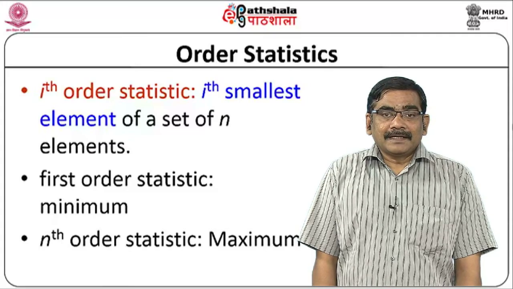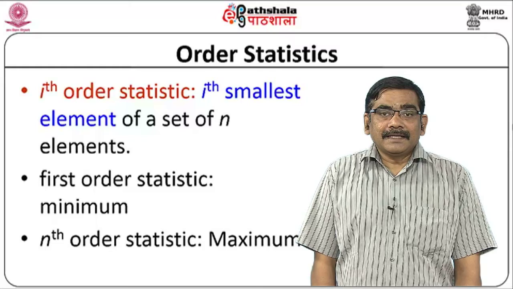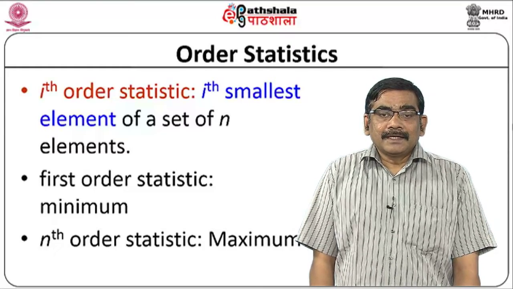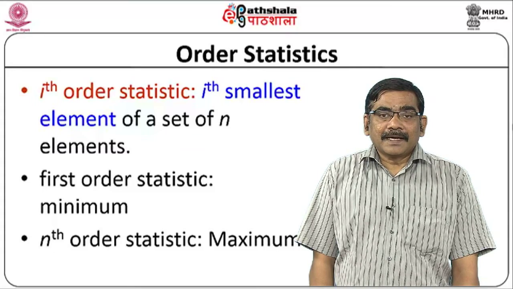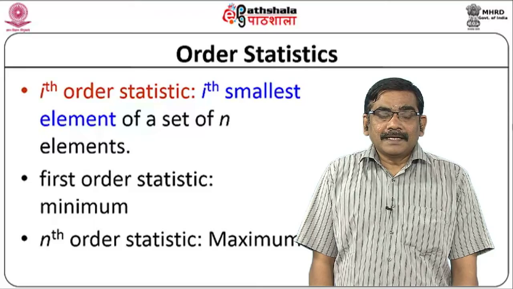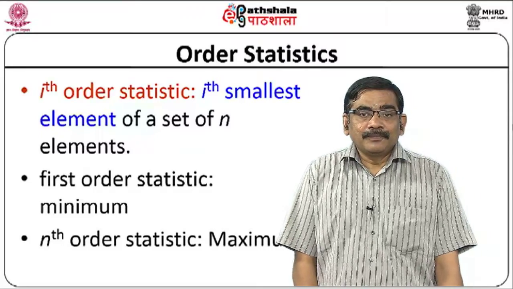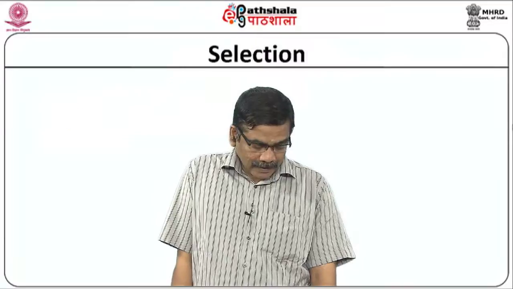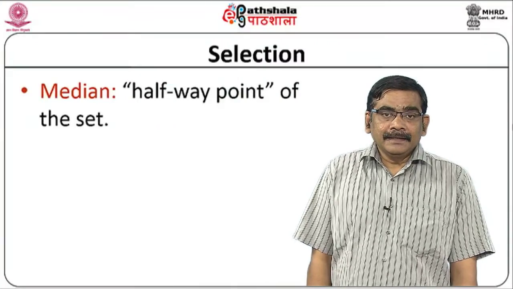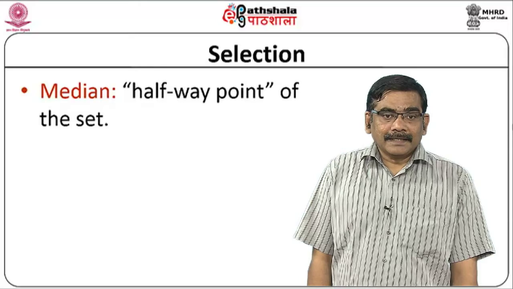Probably you can recollect that the list of elements is divided into two lists, then we recursively find the maximum and minimum of each sublist, and these are compared to get the maximum and minimum of the global list. So, now we are going to extend this idea for other things.